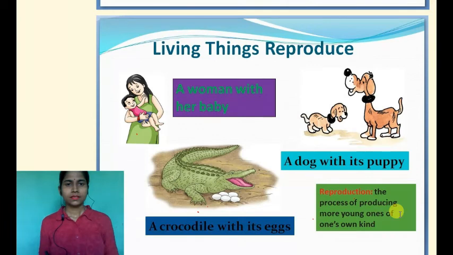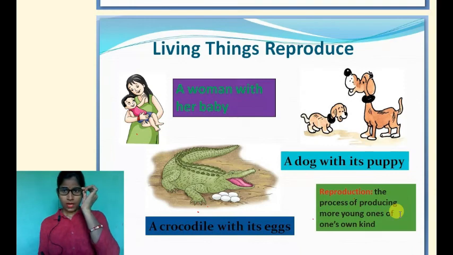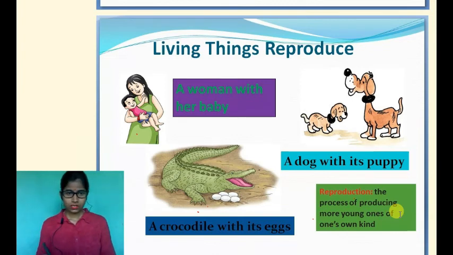The last characteristic of living things is that living things can reproduce. As you know, dogs give birth to puppies, cows to calves and so on. Human beings have babies too. You can see in the picture human babies.